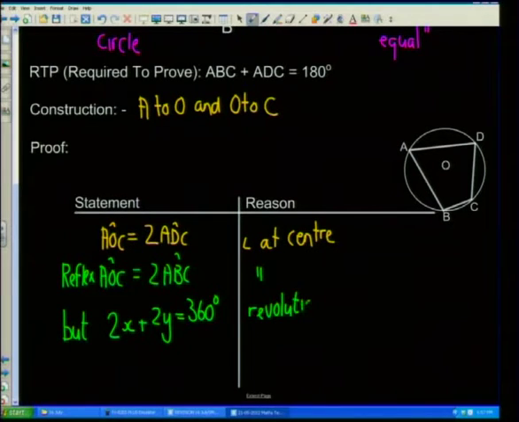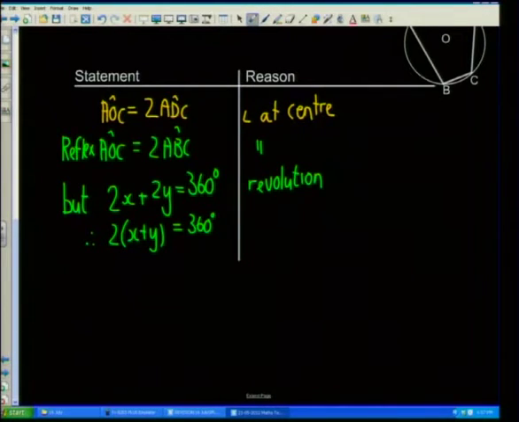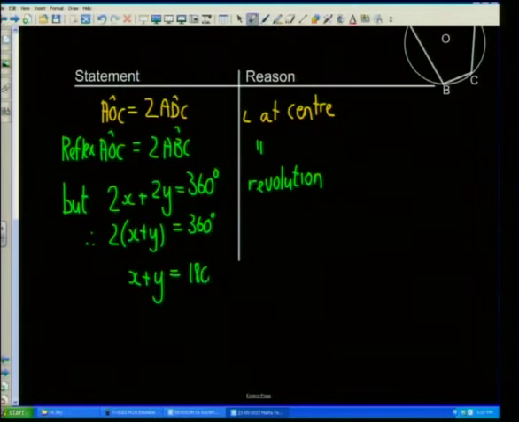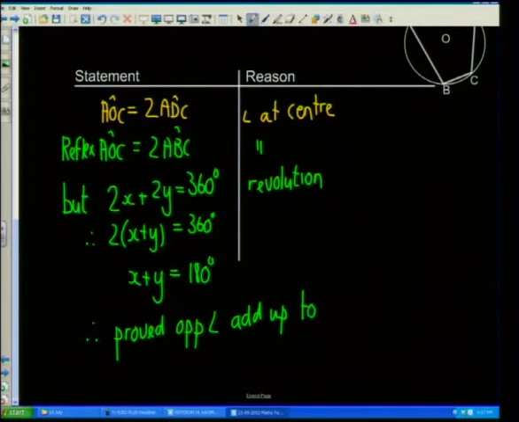And finally, we can therefore say that 2(x plus y) comes to 360 just by taking out my common factor. And so that means that my x and my y come to 180. So therefore, I've proved that my opposite angles add up to 180.